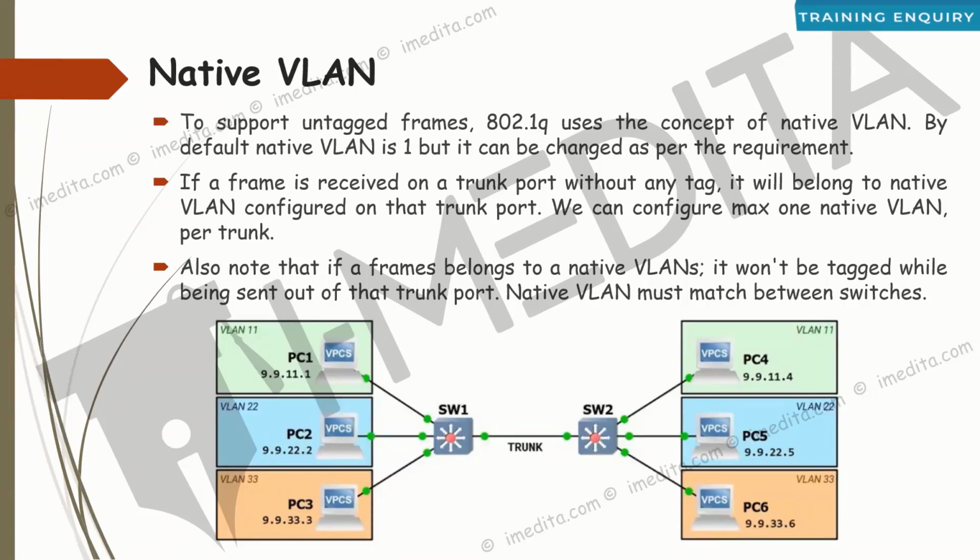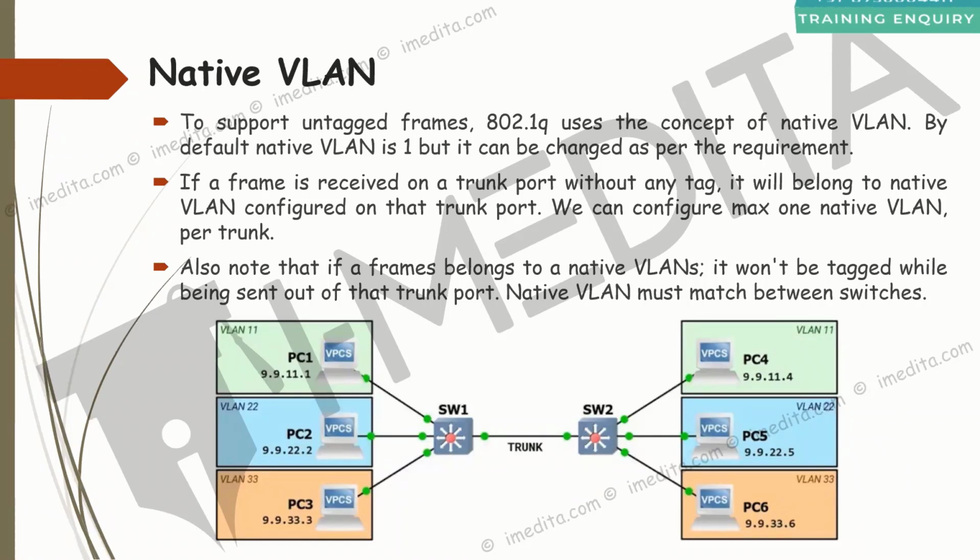But since we have the dedicated voice VLAN, we don't need to. So practically speaking, in today's network, we do not see much use of this native VLAN concept. It is more of a vulnerability than a feature in a modern day network.